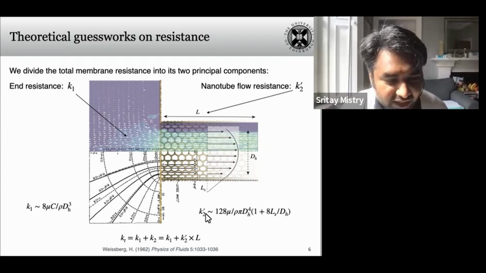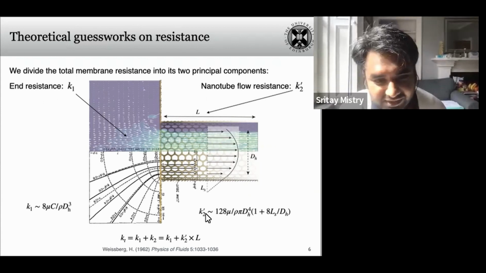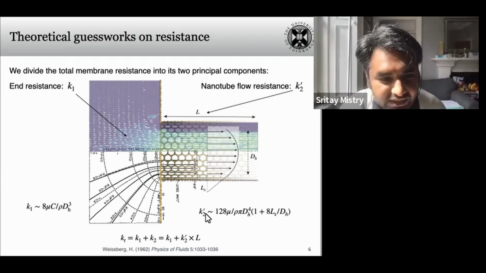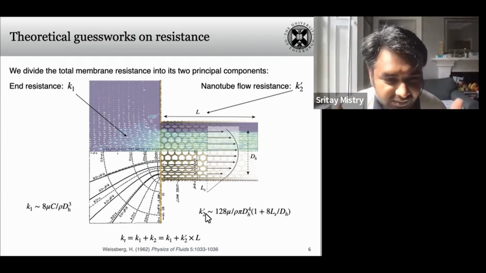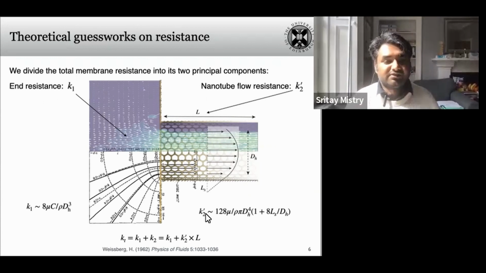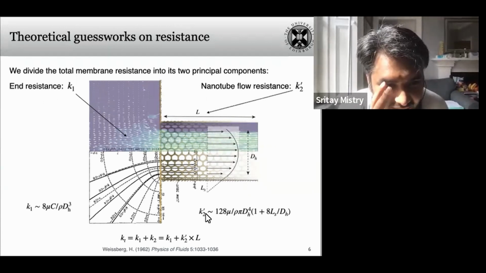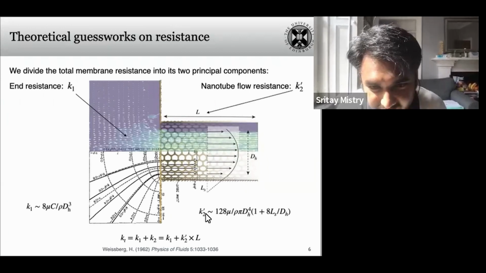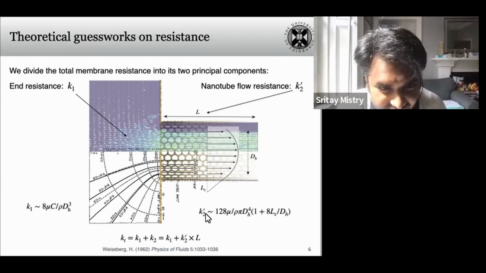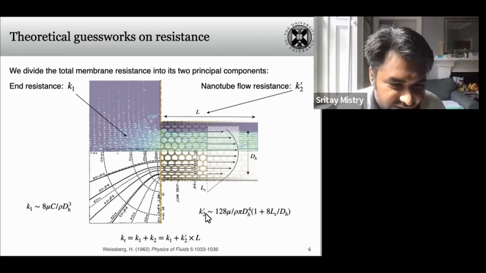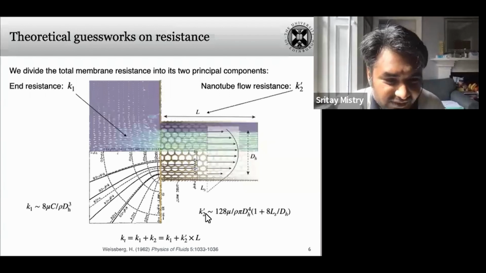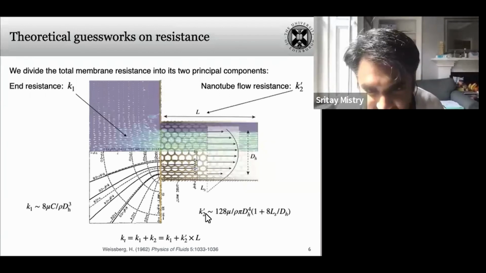Together, if we add up K1 and K2, we get the entire resistance of one nanotube, and we can expand it to however many nanotubes we have. So essentially, the total resistance can be divided into two components, the end resistance and the nanotube flow resistance. And there are equations for some guideline values for both of them.